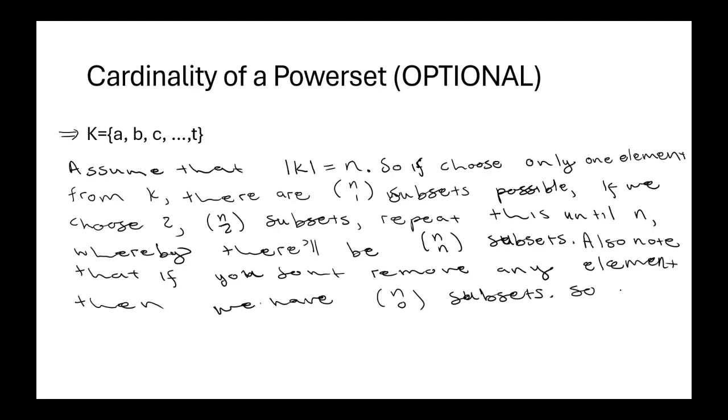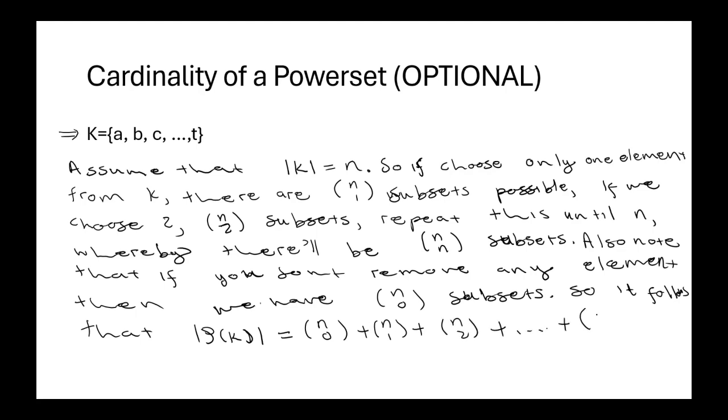So it follows that the cardinality of the power set of k is going to give us the sum starting from n combination 0 plus n combination 1 plus n combination 2, and you can only repeat this process up until n times because you have n elements.